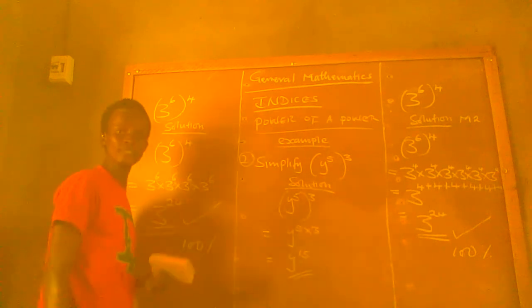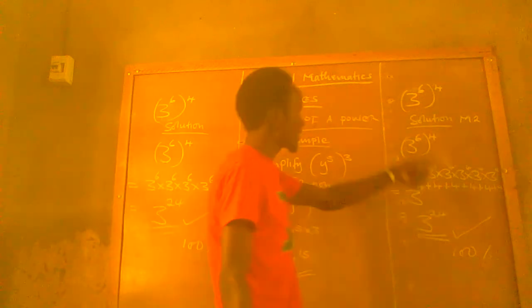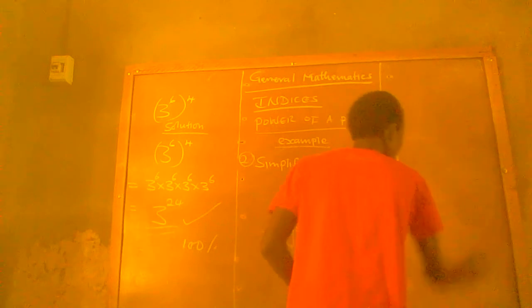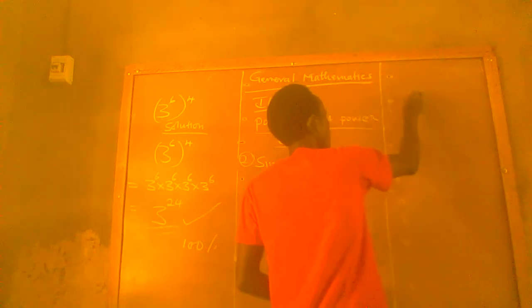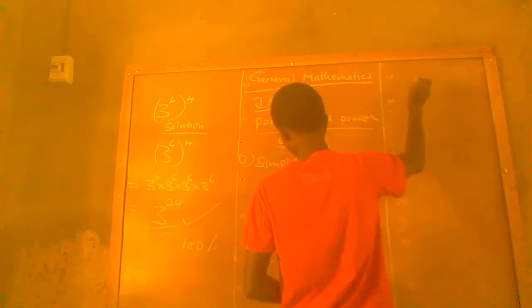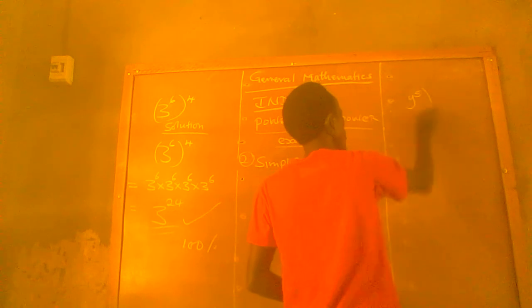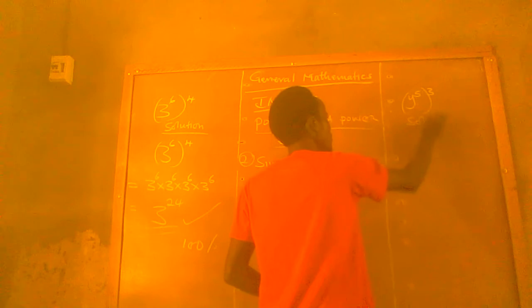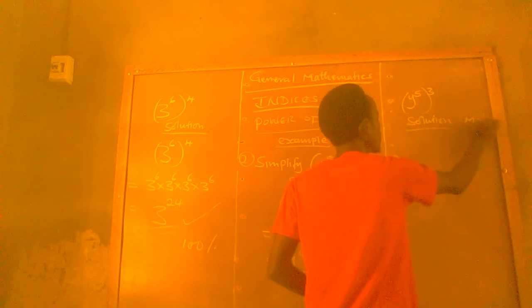Correct? So, when we look at this other alternative, y raised to the power 5, or raised to the power 3. Solution, this is method 1, and I call this method 2.